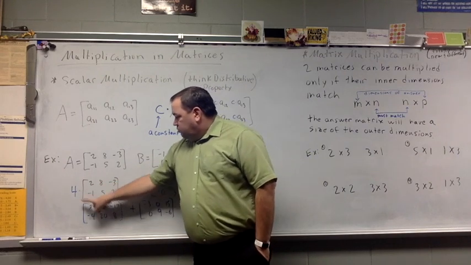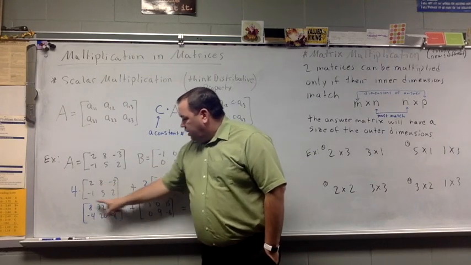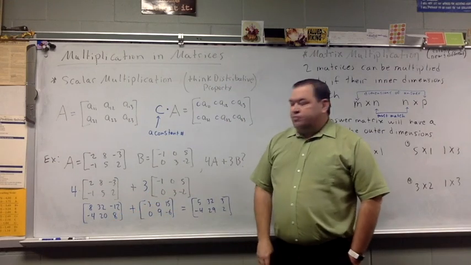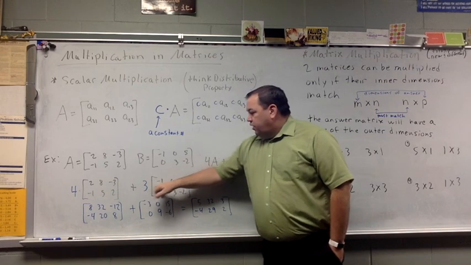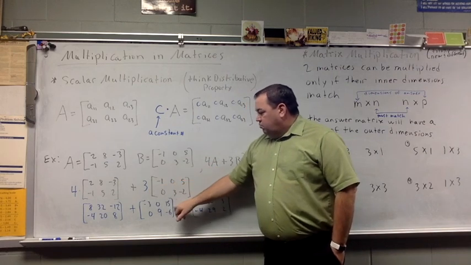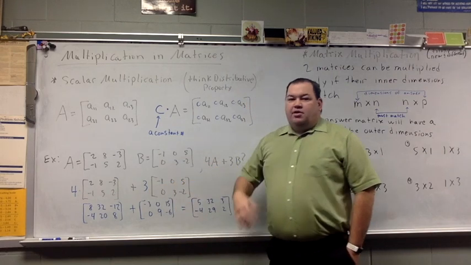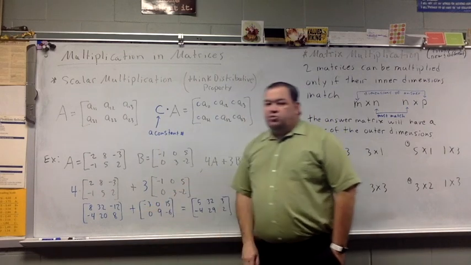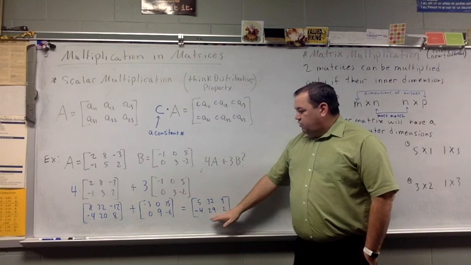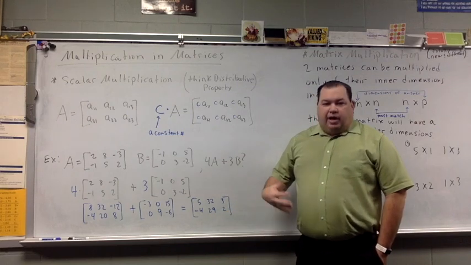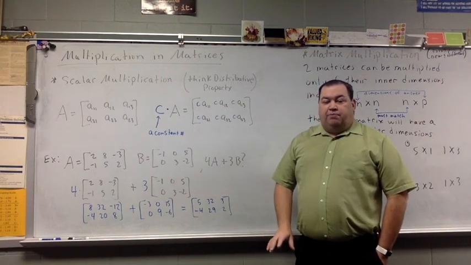Every one of these gets multiplied by 4, and I get this matrix down here. Now I'm going to take matrix B, and I'm going to multiply it by 3. So everybody in here is going to get multiplied by 3. Then I can do my matrix addition and add those two matrices together, get my 2 by 3 answer right here. I use some scalar multiplication on the way.